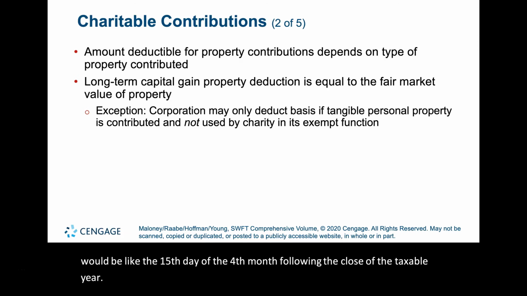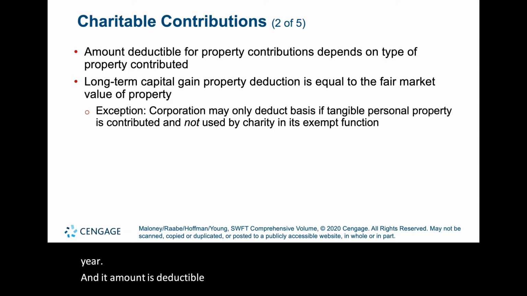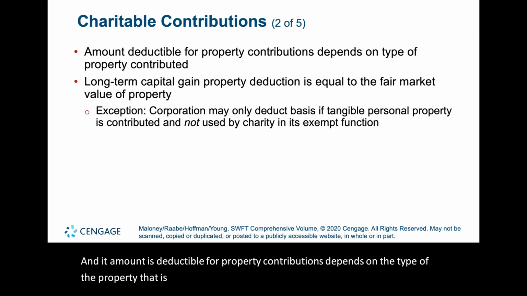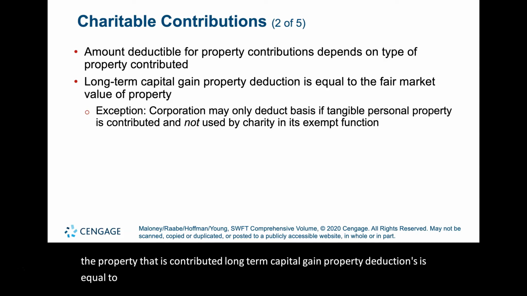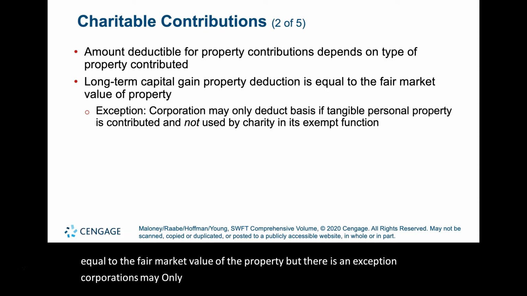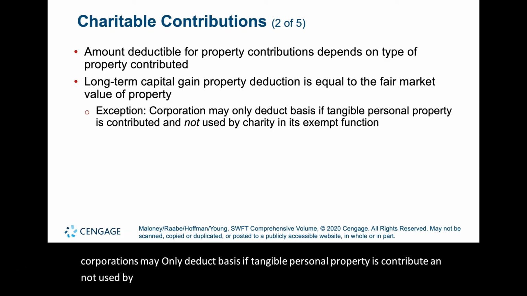And the amount deductible for property contributions depends on the type of the property that is contributed. Long-term capital gain property deduction is equal to the fair market value of the property, but there is an exception. Corporations may only deduct basis if tangible personal property is contributed and not used by the charity in its exempt function.